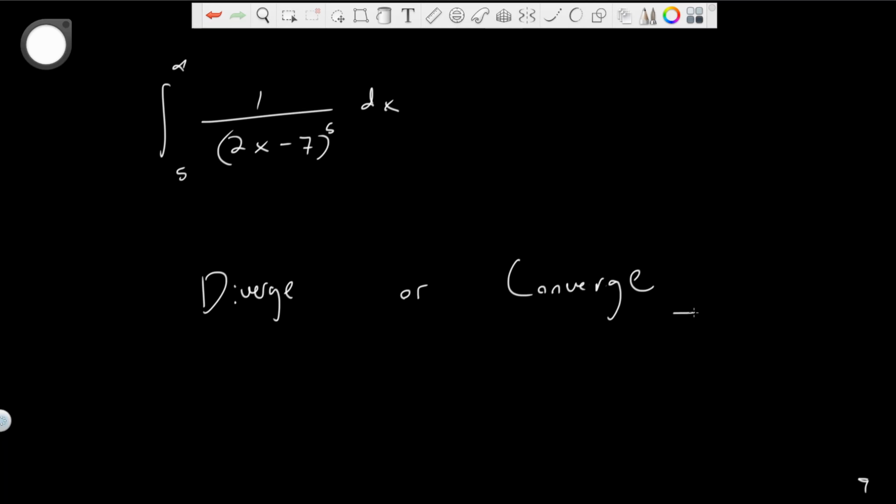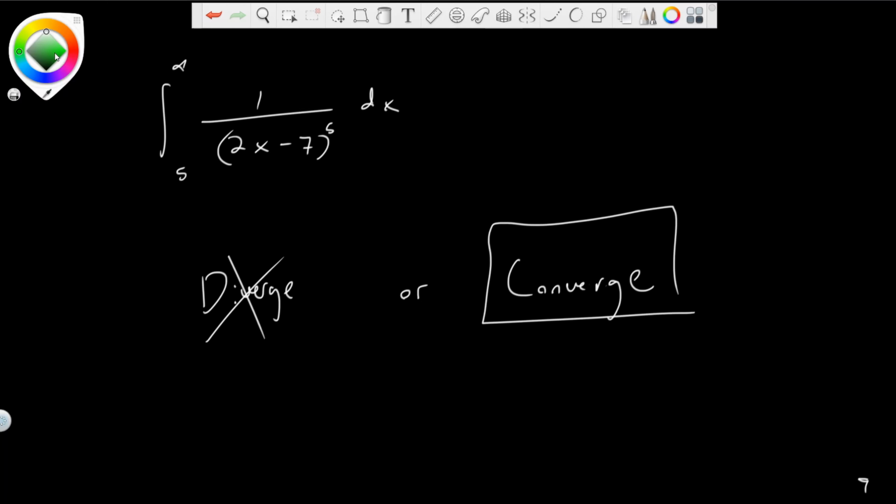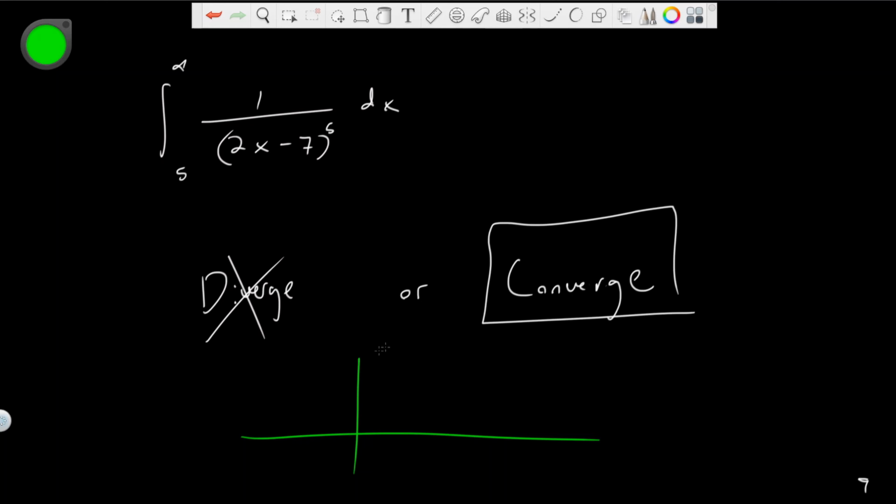All right, this one definitely converges because this graph is less than the previous graph. Let me go back to my green. If I give myself that previous graph from 5 to infinity, this graph to the fifth is less. We're going to use this rule a lot in the coming weeks, in the coming months, a comparison test of sorts.